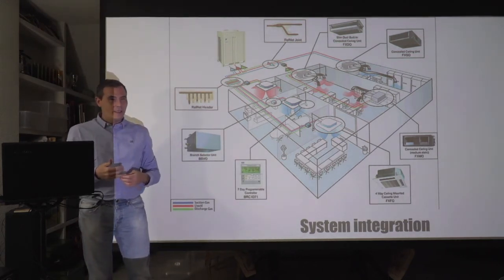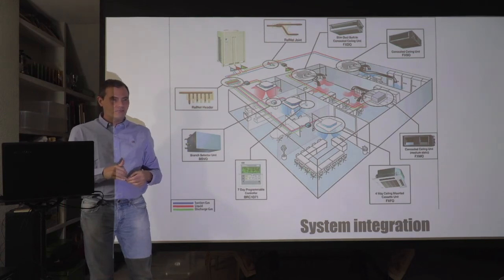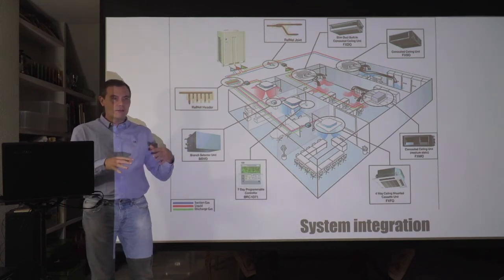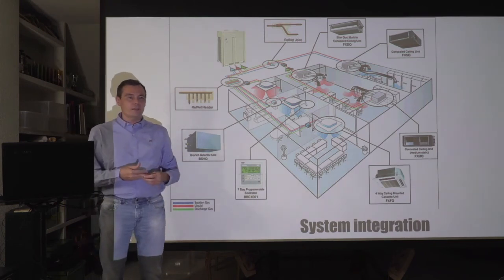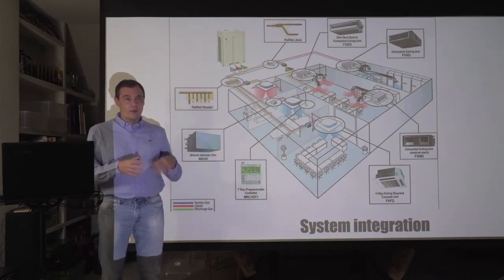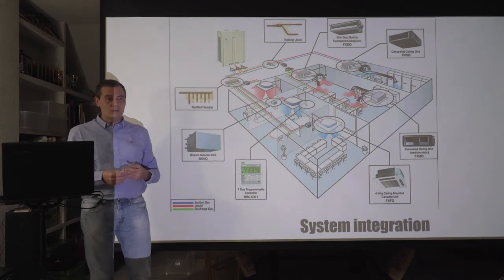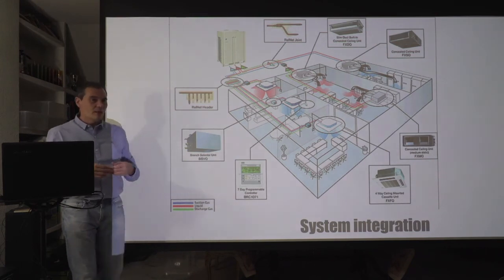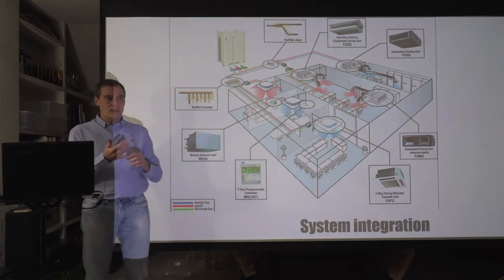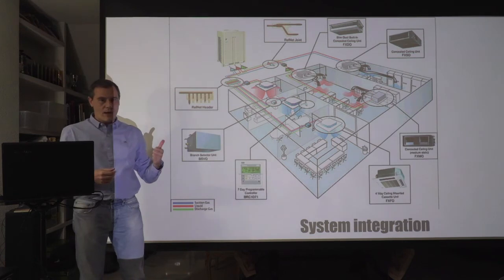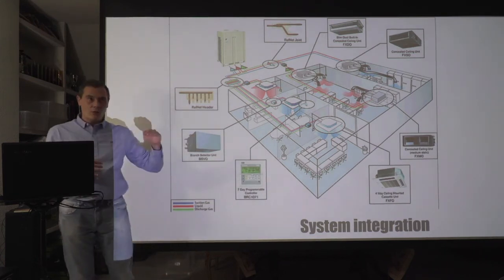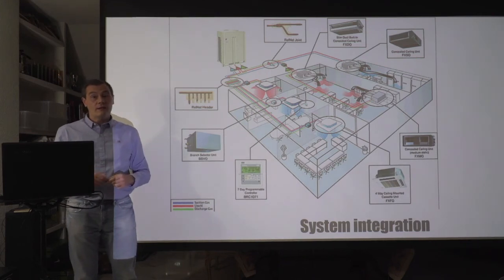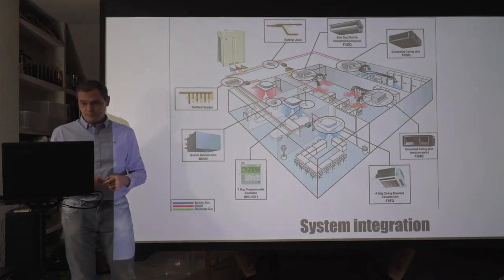Second, we need to calculate. We have to make calculations, so we have to save energy. And finally, we have to select the right device. So if we are able to design a building with these 3 components, sustainable design, the right calculation, and the right selection of devices, we are close to having a sustainable building.